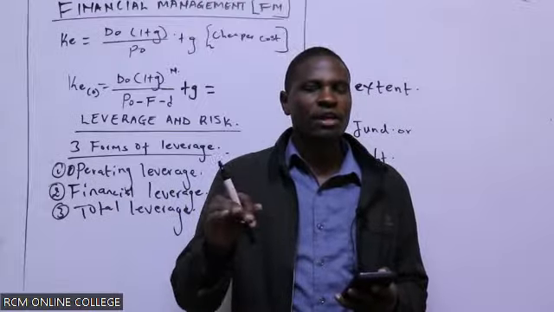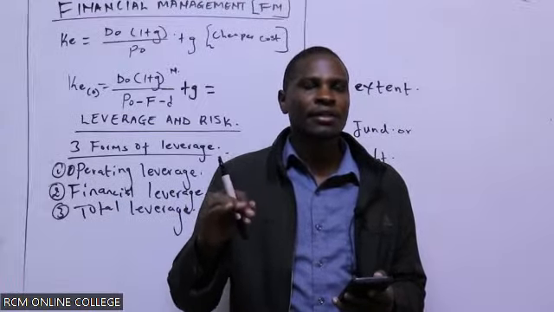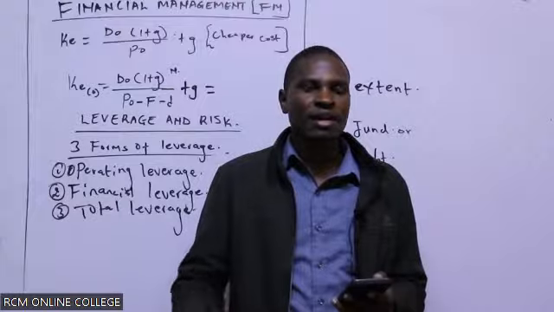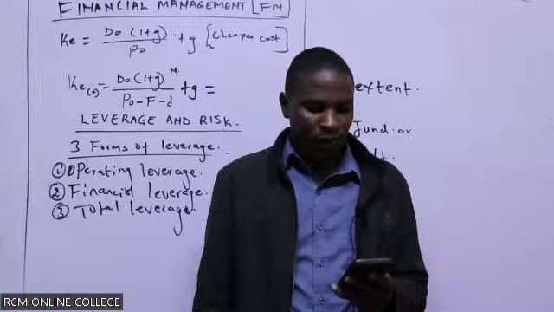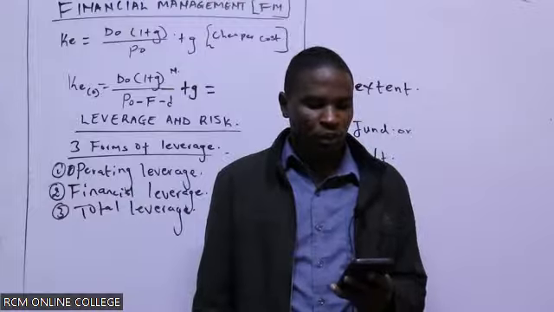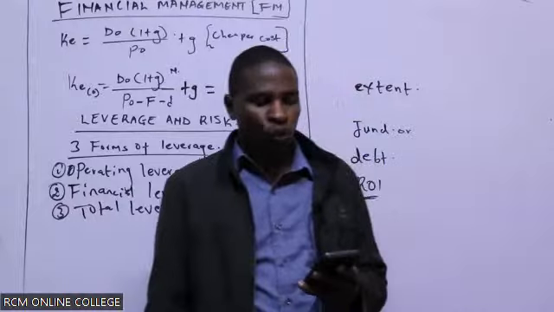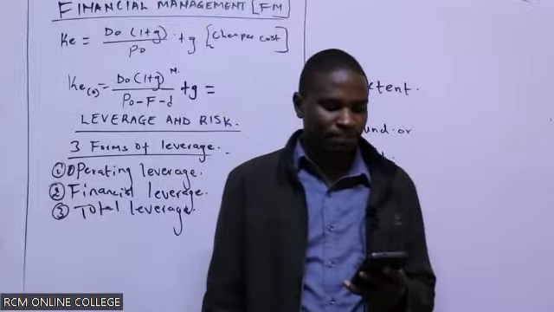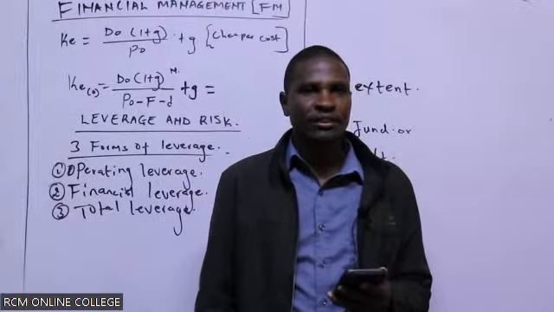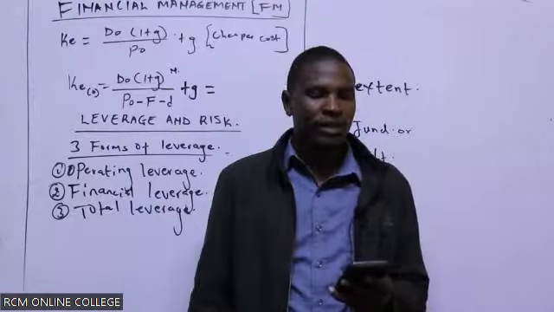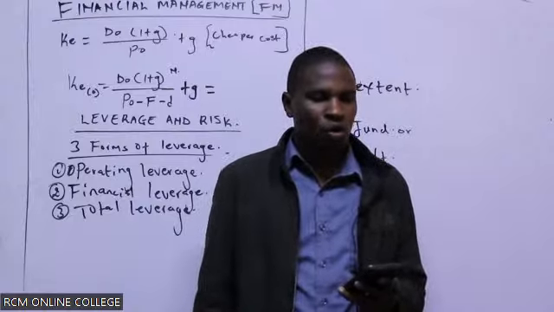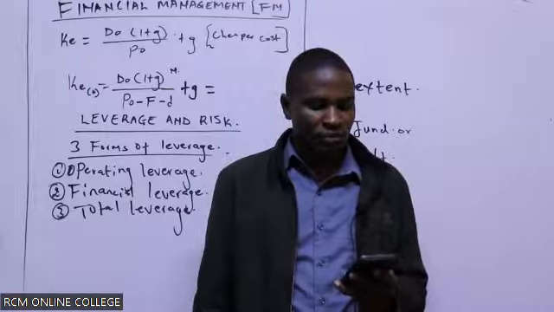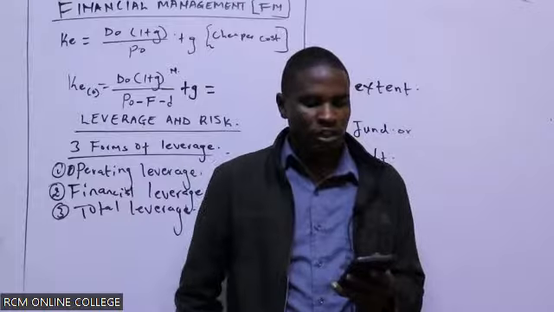So we say that a higher operating leverage means that the company has a higher proportion of fixed cost, comma, which results in a greater impact on profitability from changes in sales volume.